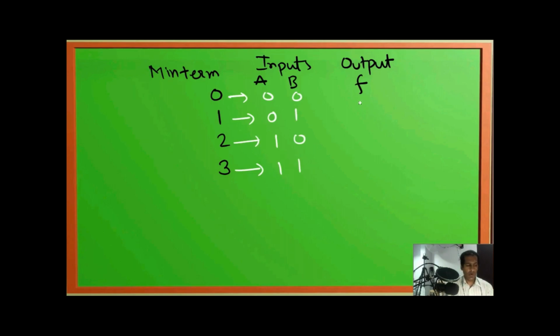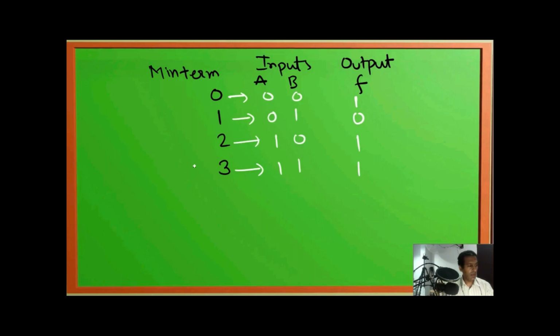The output of our expression is 1, 0, 1, 1. So like this we can have the different values in the table.